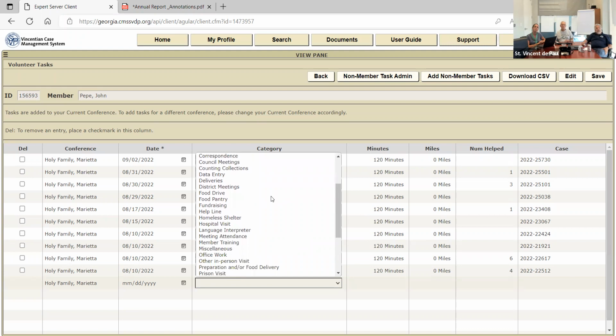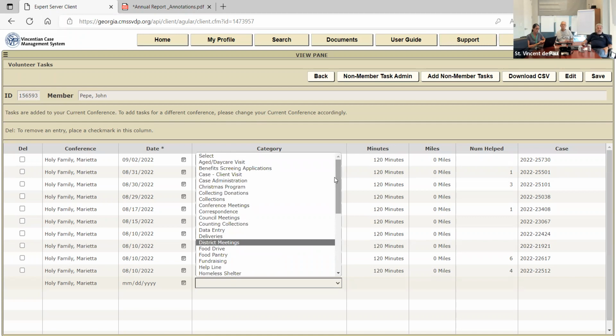I don't think so. Other, office work? Yeah, there you go, or miscellaneous. So again, it's the president or the officers that do a lot of work in preparation and managing. They should definitely put their hours in as volunteer hours.